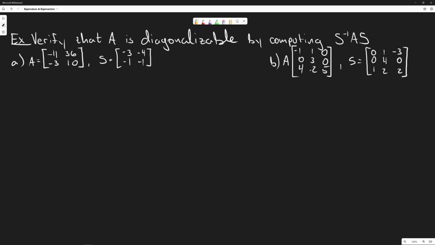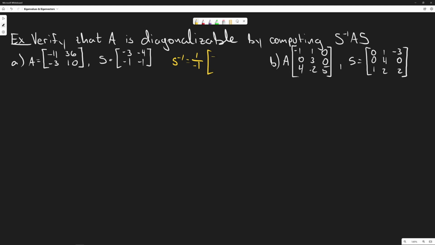The first one isn't difficult, they shouldn't be any difficult, but the first one should be fairly simple, mostly because our inverse of S is simply, if you remember long ago, that to find the inverse of a 2 by 2 matrix, we simply take 1 over -3 times -1, which is 3, minus -4 times -1, which will be -4, so 3 minus -4 is -1.